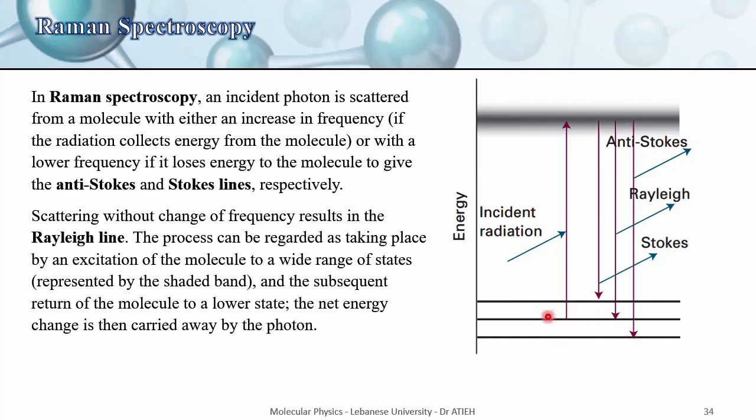Our molecule belongs to this level, so it moves up to this range of states, and then when it goes down, either it goes down to a lower level in comparison with before, which gives rise to anti-Stokes lines, or it goes back to the same level as above, scattering a photon with the same frequency as before and giving rise to the Rayleigh line, or it goes to a higher energy level and scatters a photon with lower energy, lower frequency, and gives rise to Stokes lines.